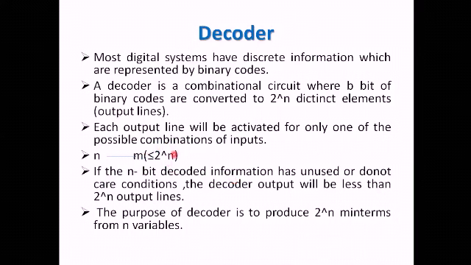That's why it is given like this, less than or equal to 2 to the power n output lines. So this was in short the decoders. That is, in case of a decoder, n input lines are converted to m output lines, where m is less than or equal to 2 to the power n. This is a very important line in the case of a decoder.